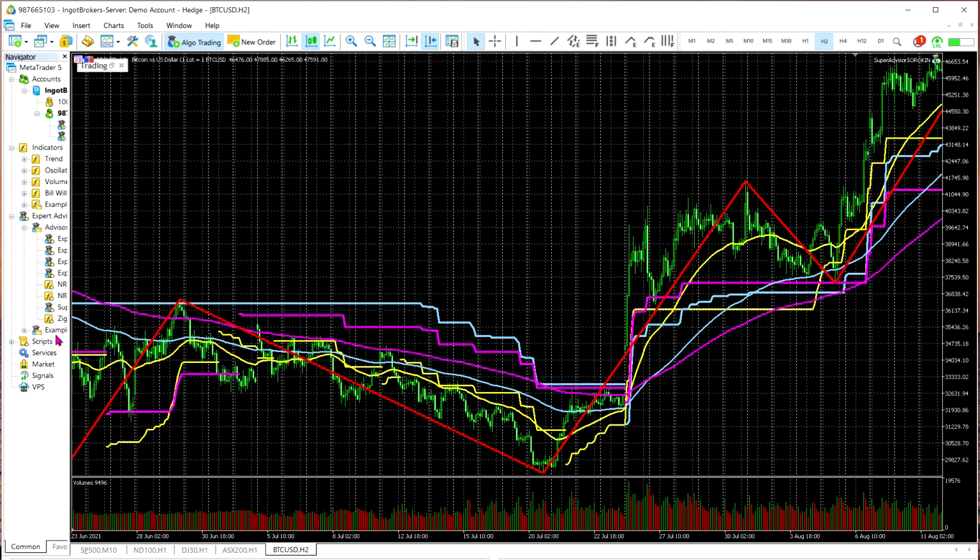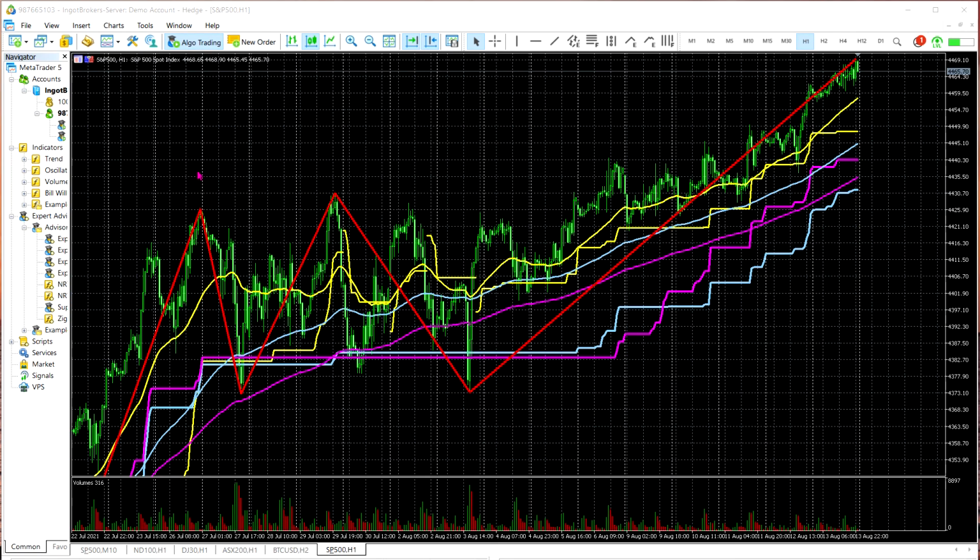So let's have a look at the SP 500. This is the SP 500 on the 1 hour time frame, and as you can see our magenta line has already crossed the blue one. Soon the trend will change direction from bullish to bearish, because the magenta line is already above the blue one.